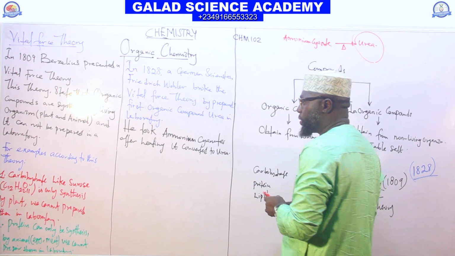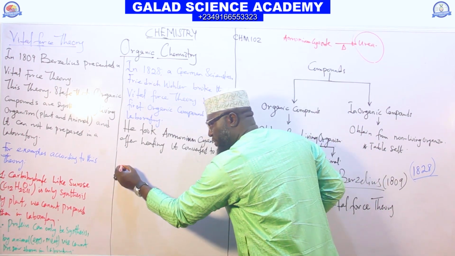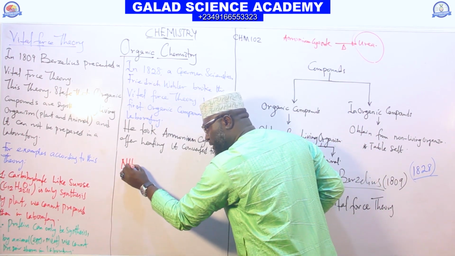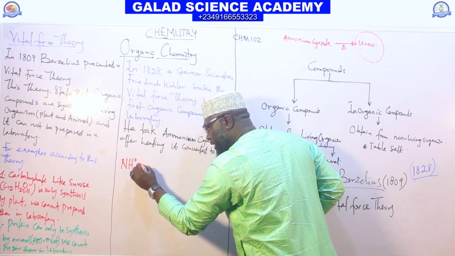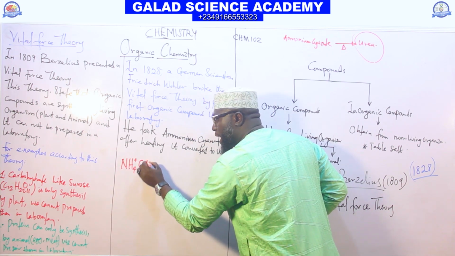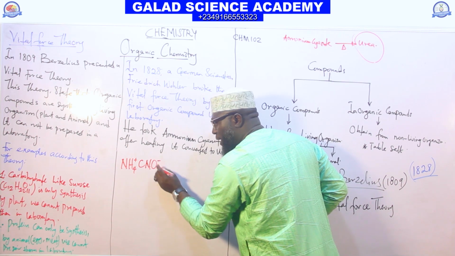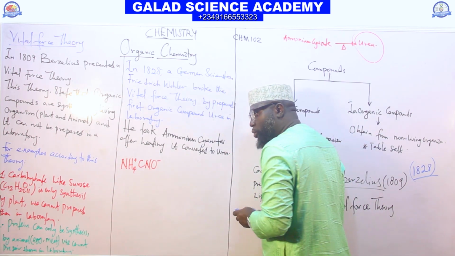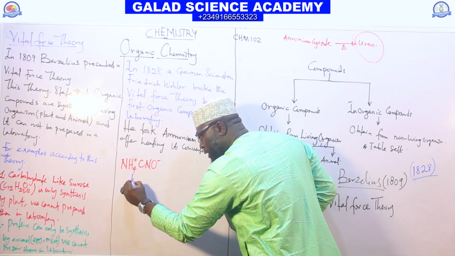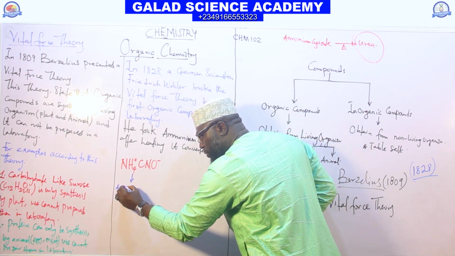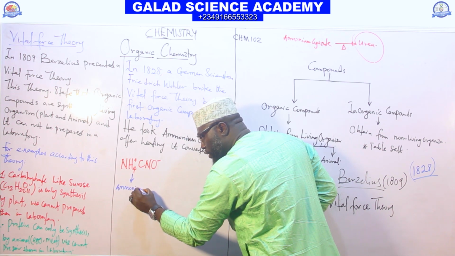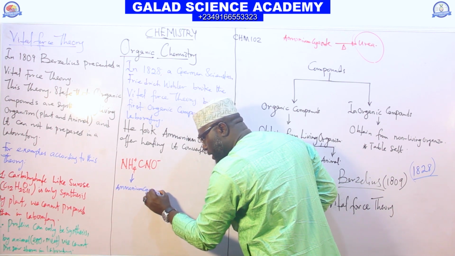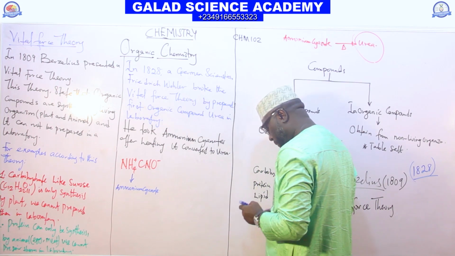Let's see it now. We have ammonium cyanide, NH4+ and CNO minus. This formula is known as ammonium cyanide.